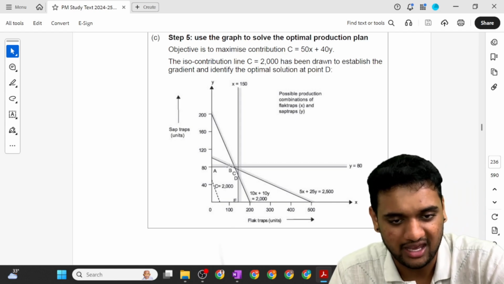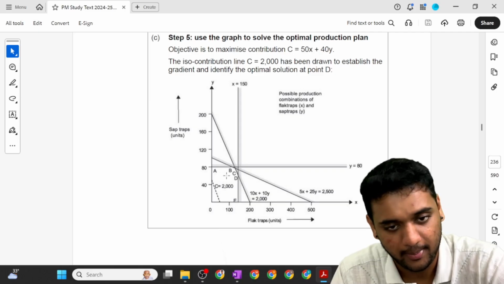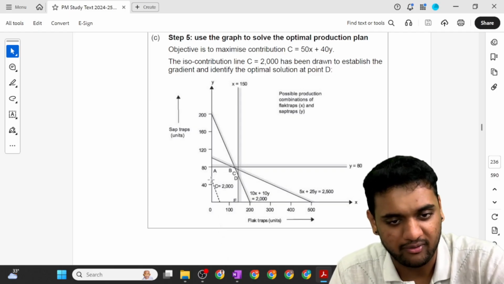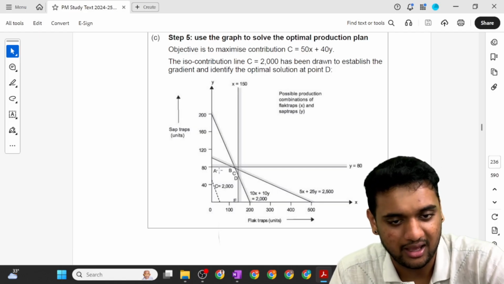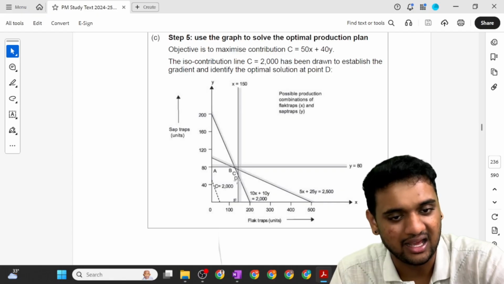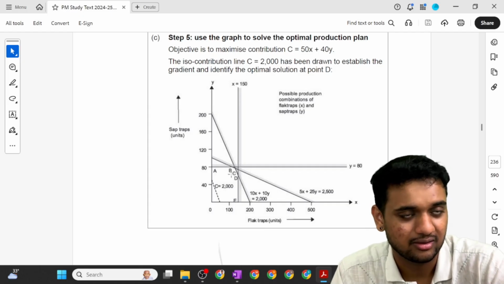Leave the 0. So A, B, C, D, E and 0. Within that only it should be there. So normally we draw an isocontribution line, we go forward, and we find the point. It is either A, B, C, D or E. We can do it using 2 things.